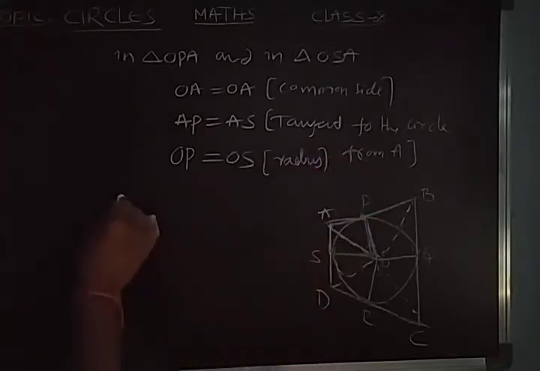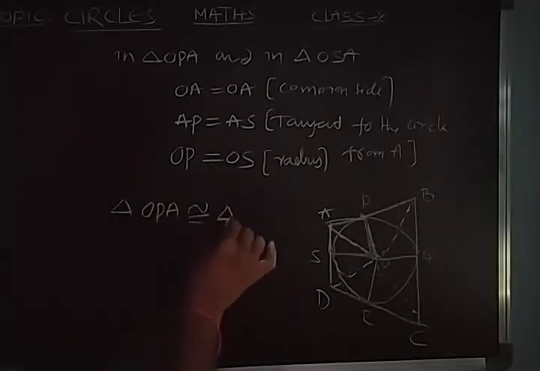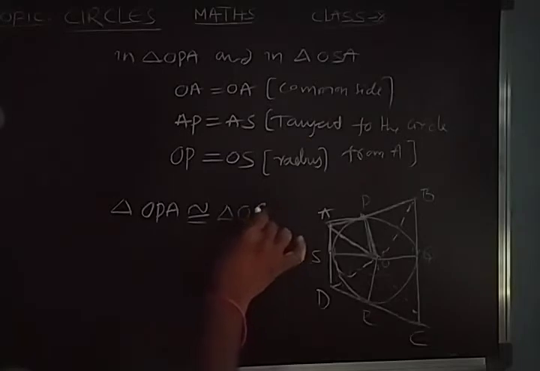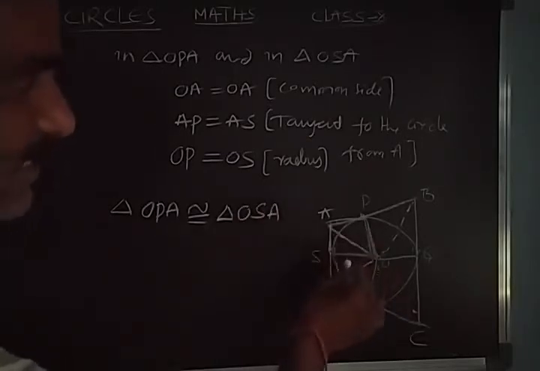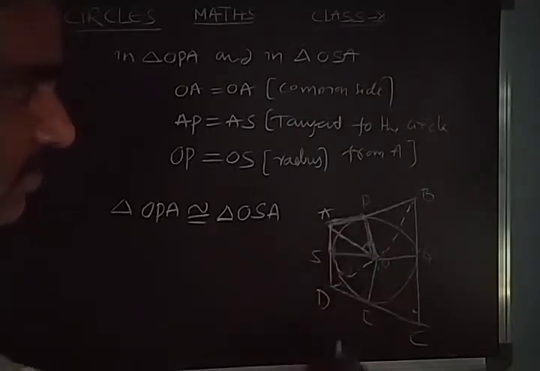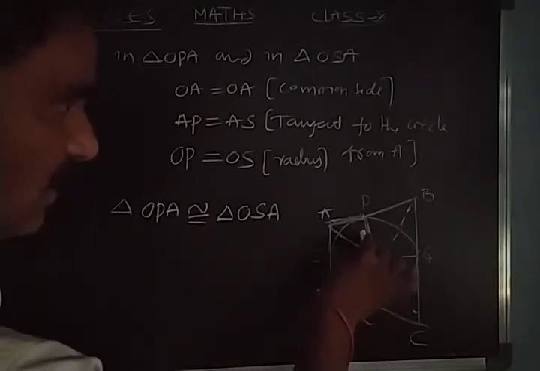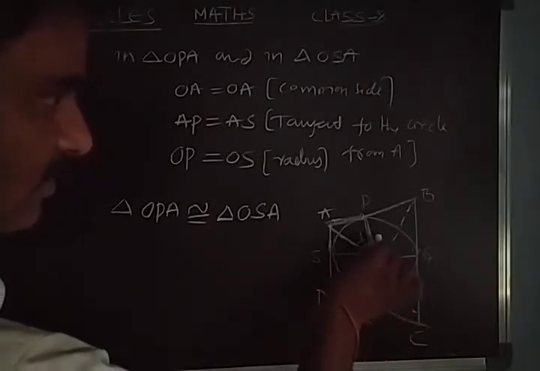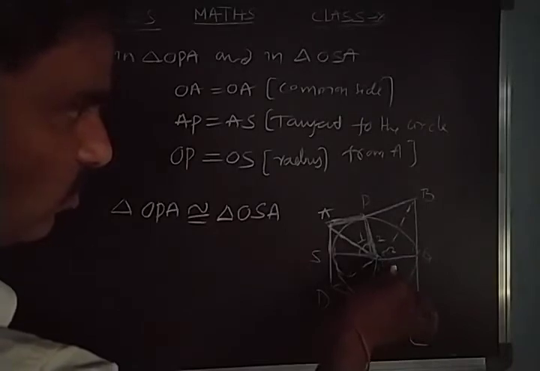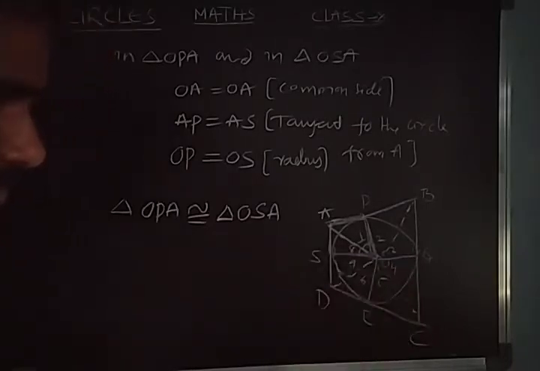Now we can say, therefore, triangle OPA is congruent to triangle OSA. If these two triangles are congruent, then the angle opposite to this side is this one, and the angle opposite to this side is this one. So let me denote these angles by first angle, second angle, third angle, fourth angle, fifth angle, sixth angle, seventh angle, eighth angle.